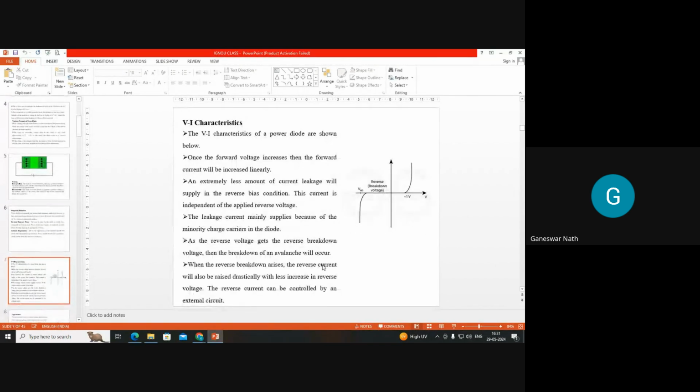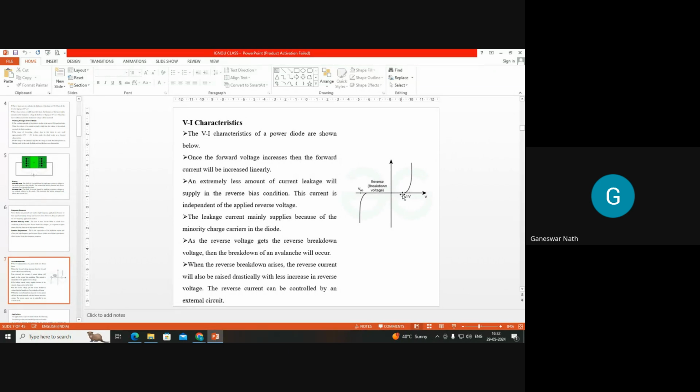Similarly, if we come to the VI characteristics, you can see the VI characteristic of the general diode and the power diode are almost the same. All of you know that when you supply zero voltage, the electrons and hole pairs are not generated. But when we increase the voltage more and more, you can find that at a certain forward voltage the current suddenly rises, and that voltage where the current rises suddenly we call the knee voltage.